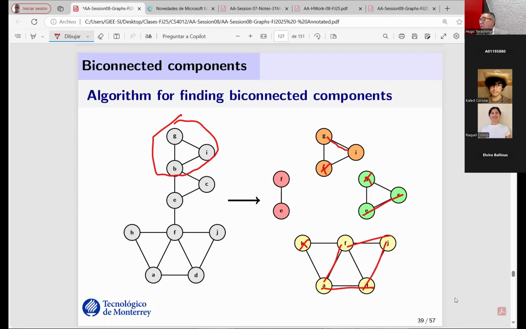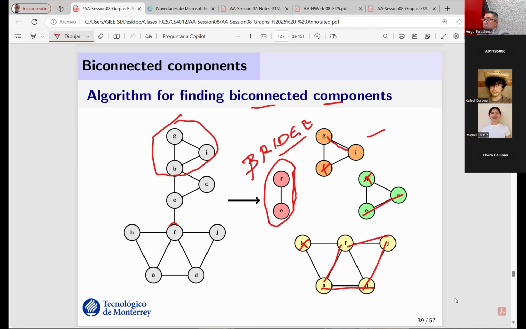Those are bi-connected components of 3 elements or more. And this is a special case in which you have a bi-connected component, but it is called a bridge. Means that it only has 2 nodes in the component. But it still is considered a bi-connected component, right?